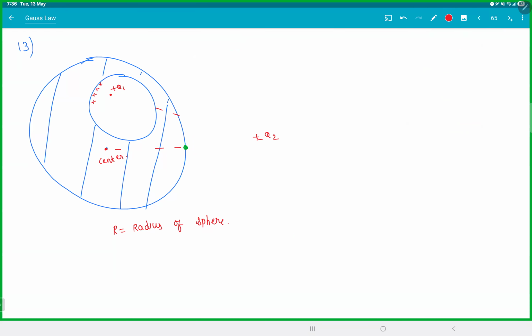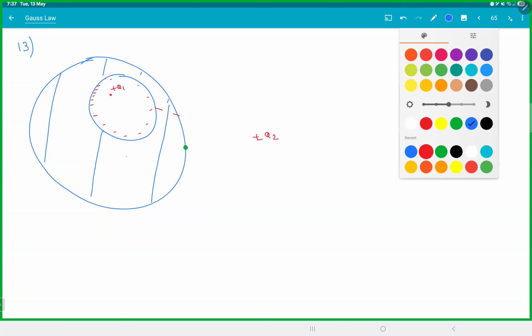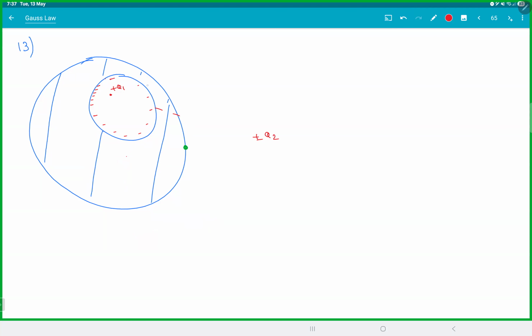It will be plus here, minus there. It will be minus, and that value will be minus Q1.